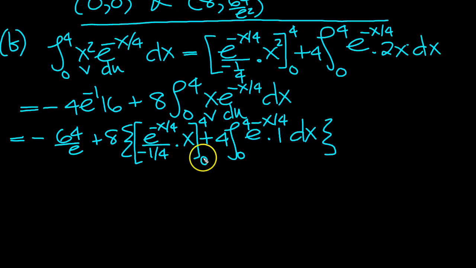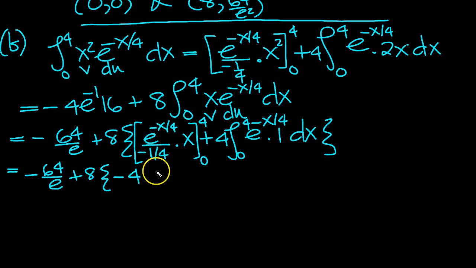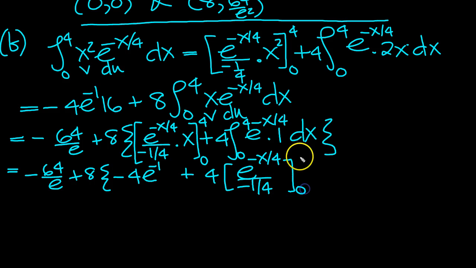So we're almost there. So it's equal to minus 64 over e plus 8 brace. Here put the 4 in, e to the minus 1. So as minus 4 comes up, e to the minus 1. The bottom value is 0 plus 4. Now this integral is simply e to the minus x over 4 over the minus quarter again, isn't it? So we've done that a few times between 0 and 4. Close the brace. So what have we got then?